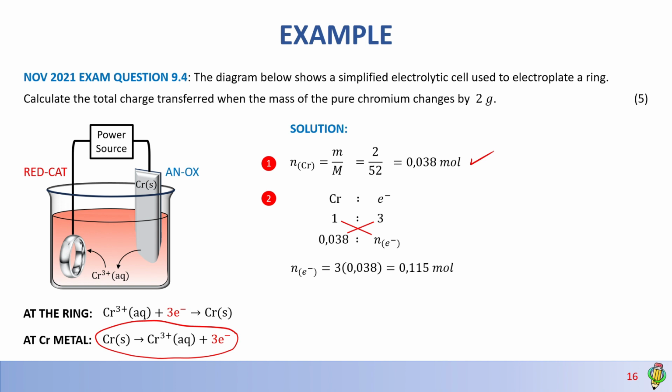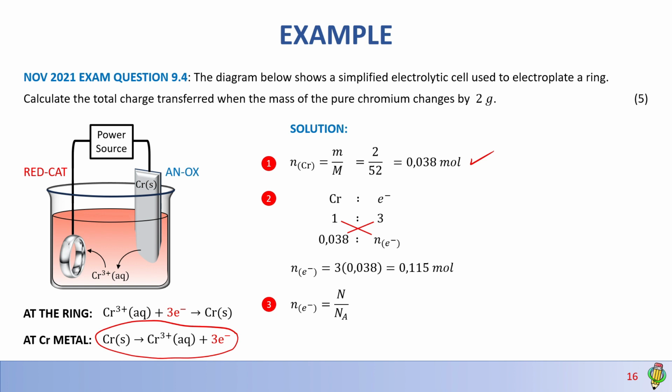Knowing the number of moles of electrons, we can go to step 3, which involves this equation, which says n, which is the number of moles of electrons in this case, is equal to the number of electrons, denoted by big letter N, divided by Nₐ, which is the number of molecules inside 1 mole.